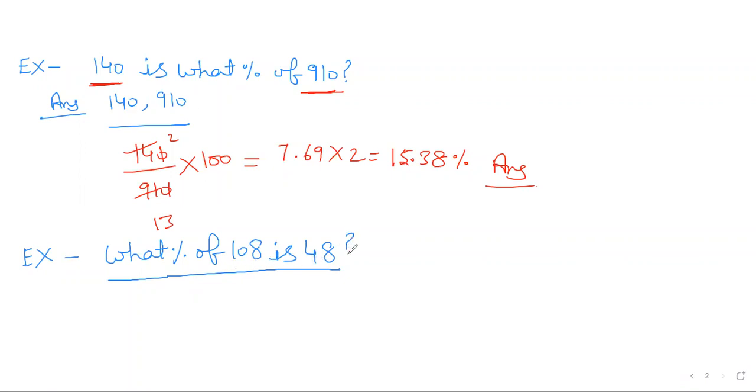So what should we do? First, try to understand the sentence, the language. We can write here for our convenience in the familiar way what we have already seen: 48 is what percent of 108.